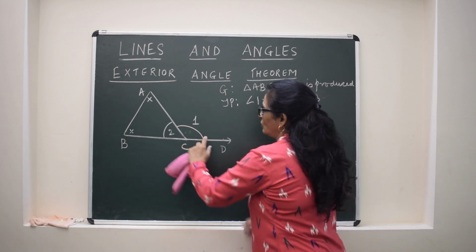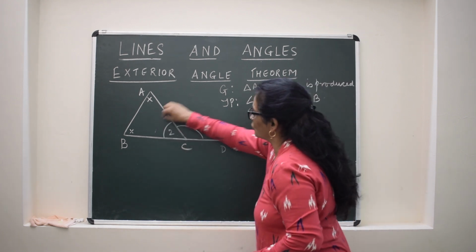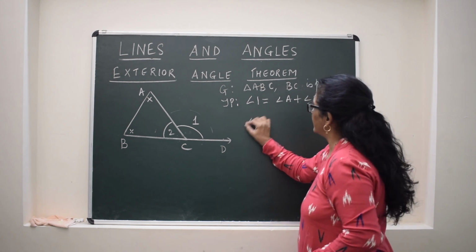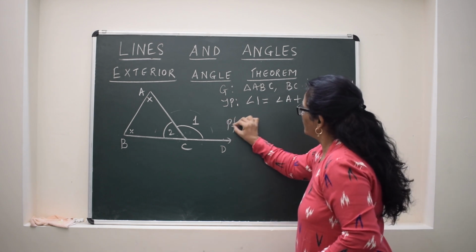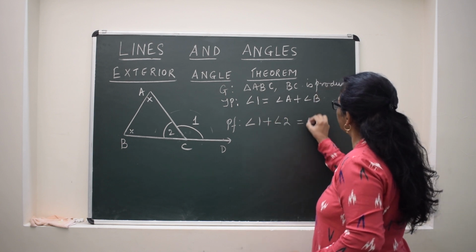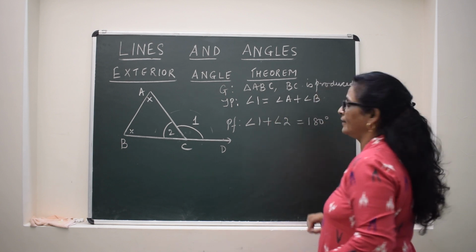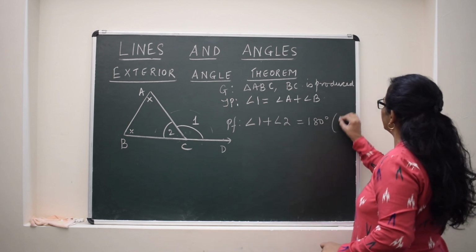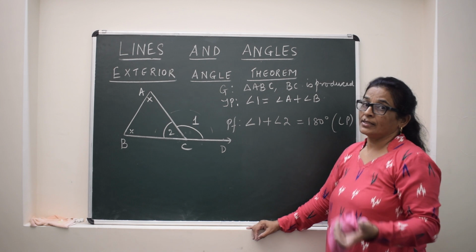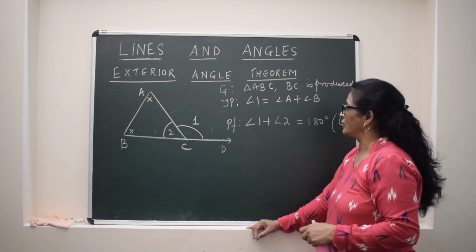So we can say, for the proof, angle 1 plus angle 2 is equal to 180 degrees. We can say by the fact linear pair, or straight angle also. Any reason you can write.